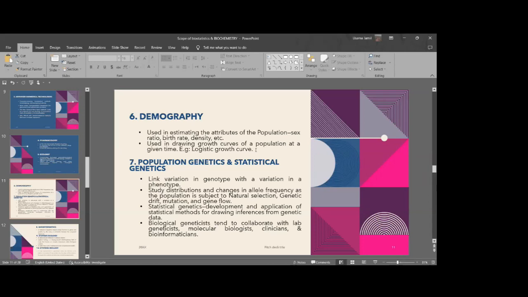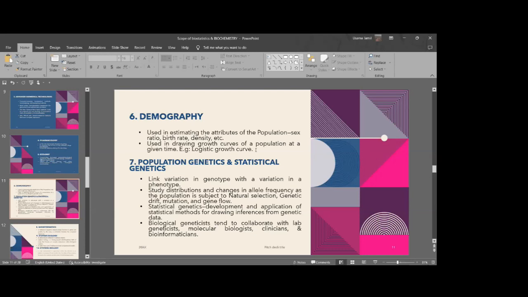For example, we calculate the birth rate, death rate, maternal mortality rate, or any specific epidemic, mainly in a close or specific geographic area, and we count it under demography. So biostat is deployed in those calculations as well.